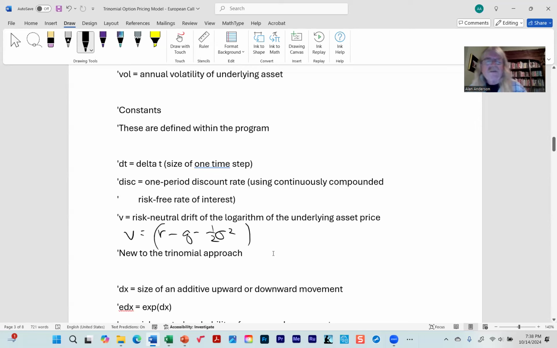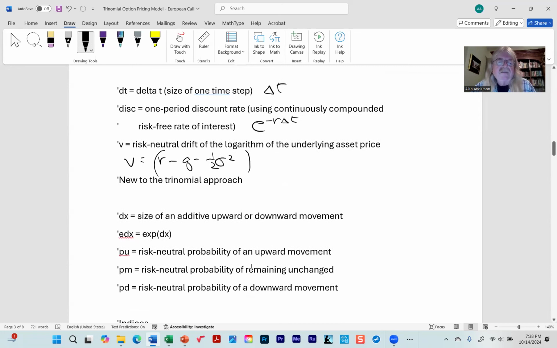Okay, now, of course, these two changed. Dx, yes, okay. Now we're going to need this multiplier. Delta x is a constant.